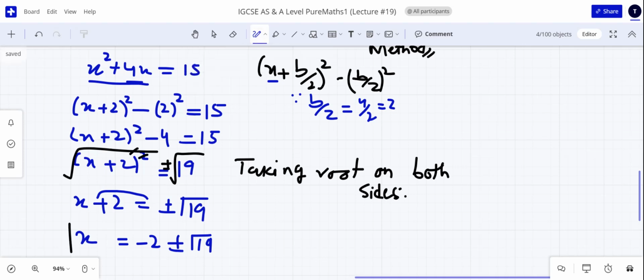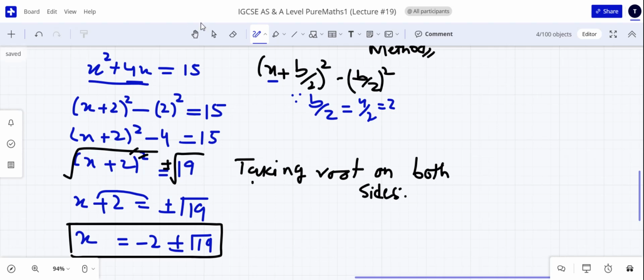So this was our required form. We got the value of x, which is minus 2 plus root 19 and minus 2 minus root 19. You can write them down separately or you can write them the same as this.